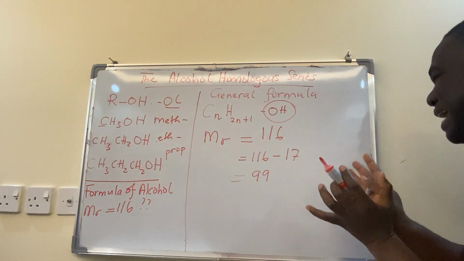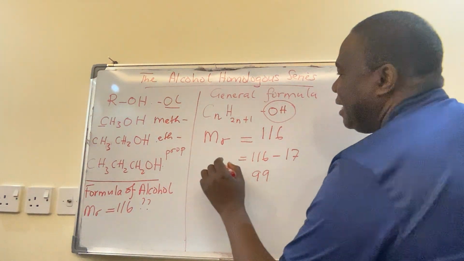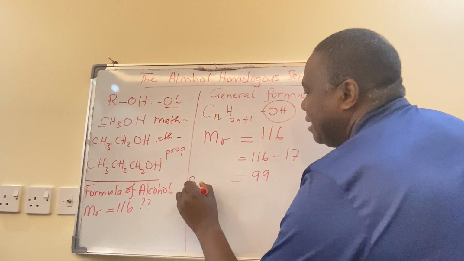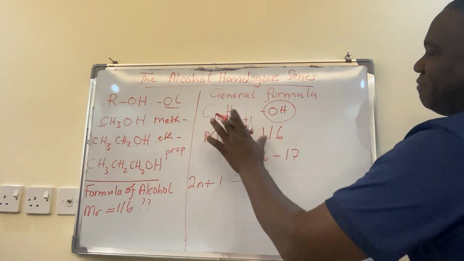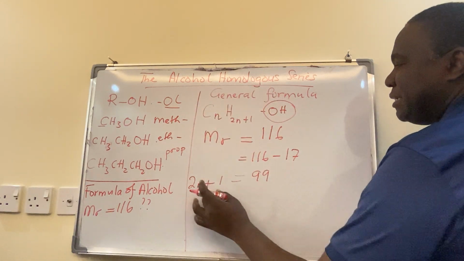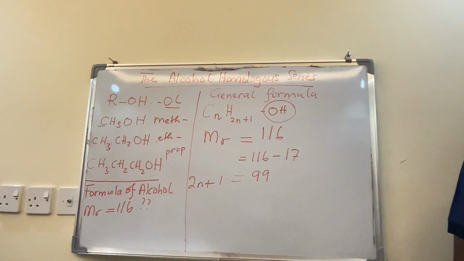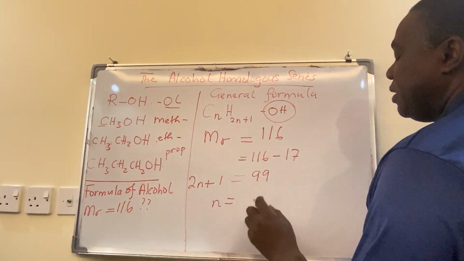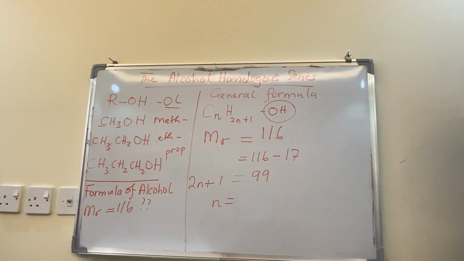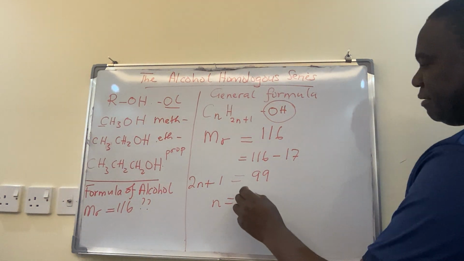So this 99 is coming from the hydrocarbon part. Remember from our general formula, the hydrocarbon part is always CnH2n+1. So if you use 12n plus 2n plus 1 equal to 99 and calculate your n, you're going to find out that your n comes up as 7.